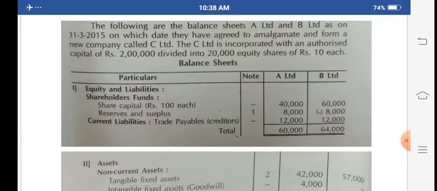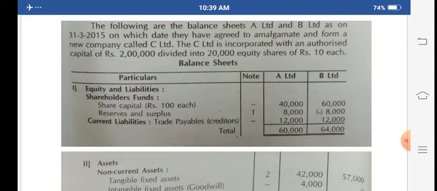Next, the closing entries in the books of the transferor company, which is also common for both methods, so you can prepare one only. Third, the opening entries in the books of the transferee company. In the merger method you have to solve in a different way, and in the purchase method in a different way. This is the basic difference in solving the problems.